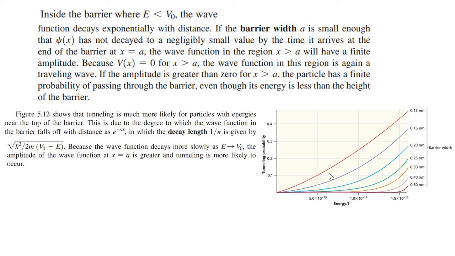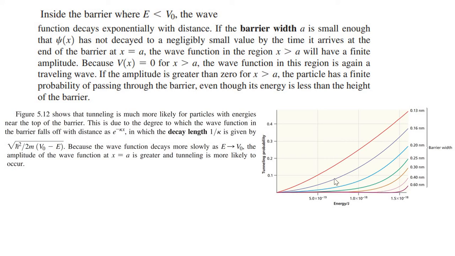Suppose the barrier is quite high, but for any barrier the pattern is the same, that means it is slowly increasing upwards. For different barrier widths, of course the graphs will be different from one another, but the pattern is the same.